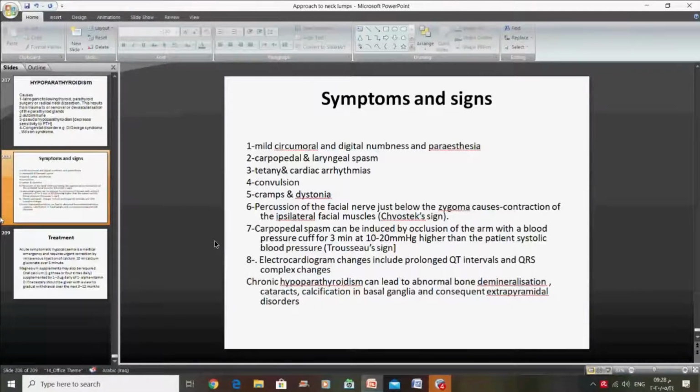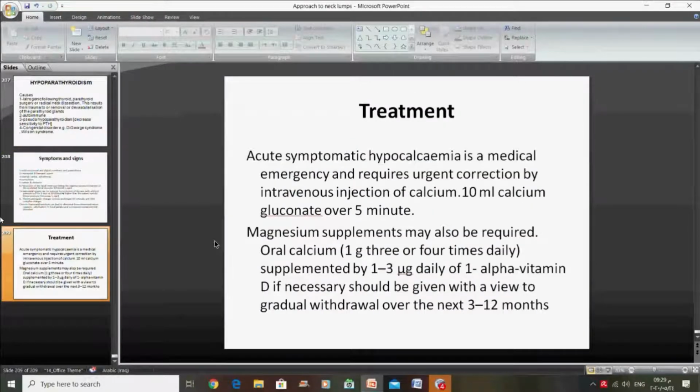Electrocardiogram changes include prolonged QT interval and QRS complex changes. Chronic hypoparathyroidism can lead to abnormal bone demineralization, cataract, calcifications of basal ganglia, and extrapyramidal disorder.